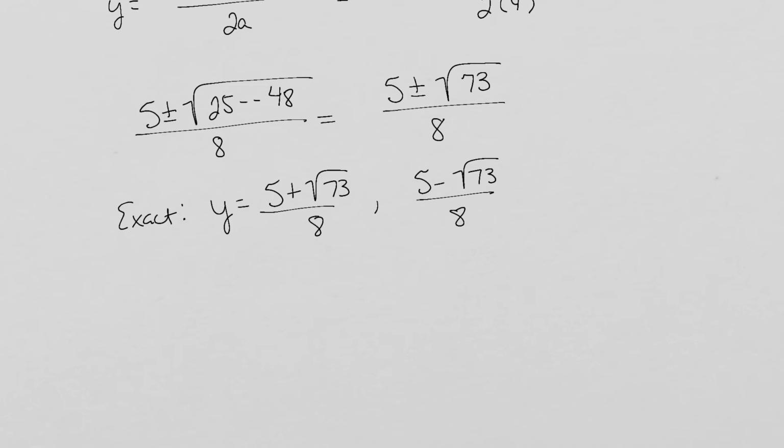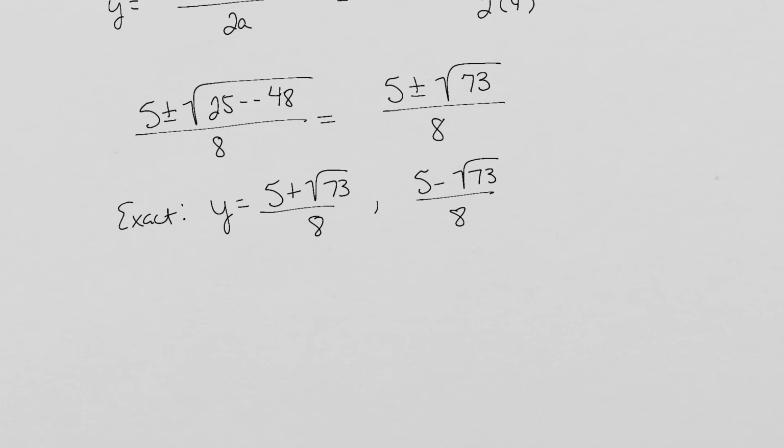So on your calculator, you need to do the square root of 73. Now on many calculators, if you're using a Texas Instruments calculator, the square root button is typically above the x squared button.